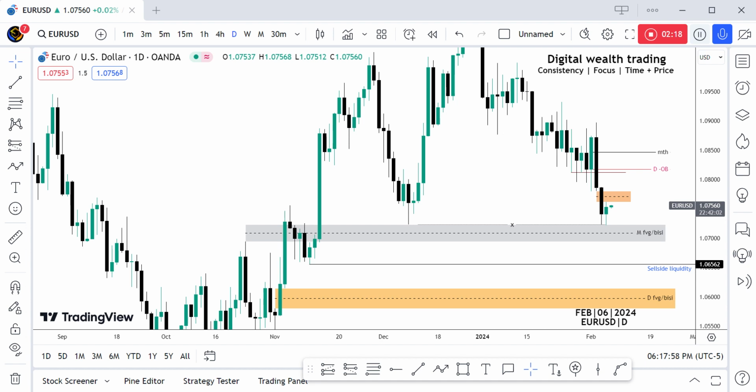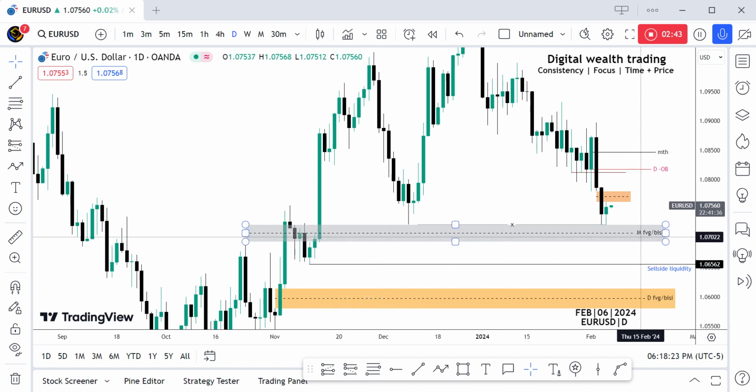Now, I am very pleased to see Euro swept the relative equal low, which is the sell side, and price went higher to fill in the inefficiency in price. Meaning that today price did sweep this equal low, which is this low and yesterday's low. We swept it just by an inch and also priced into this monthly fair value gap.